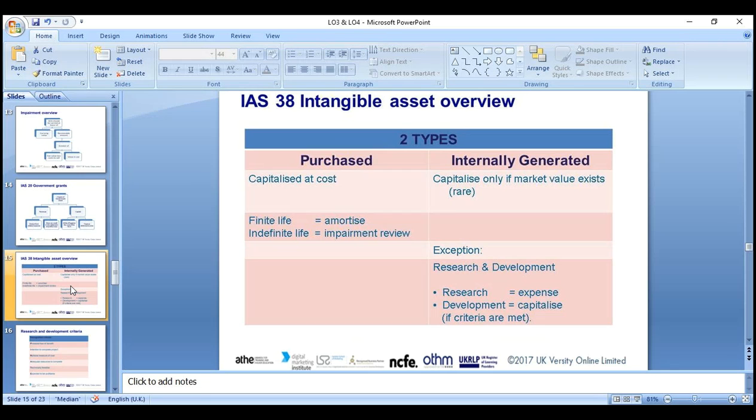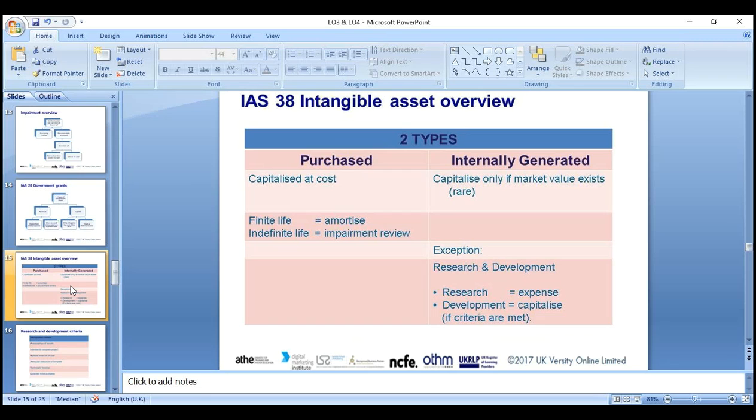So, research and development. If we are spending money on research, at the research stage, not the development stage, research is considered an expense. But take a company like GlaxoSmithKline: they develop the formula and spend a lot of money on research.